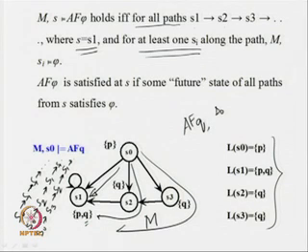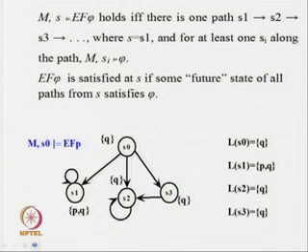That means in all 3 paths, in some future state, q is true. Here it happens in the very next state, but it may happen that in the next state it is not true, but in some future state it is true, and then we say that in all paths eventually q holds. So we say M, S 0 models A F q.